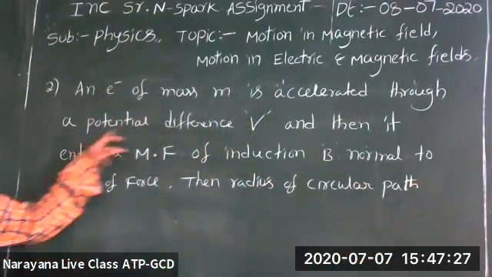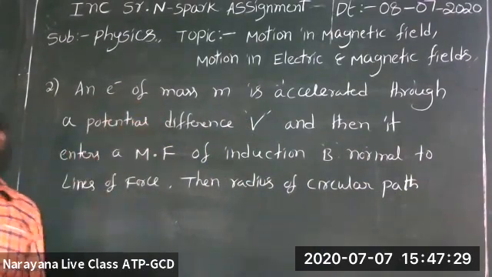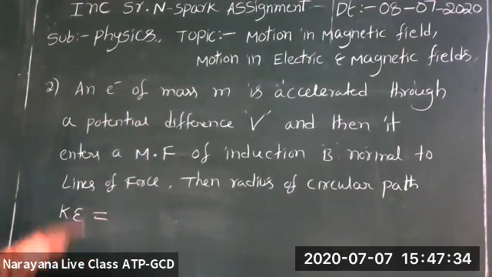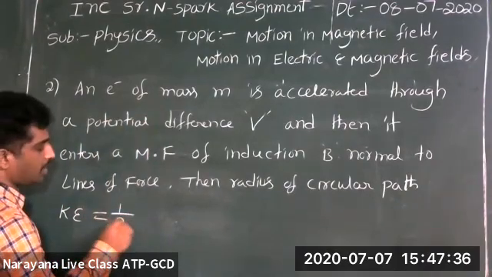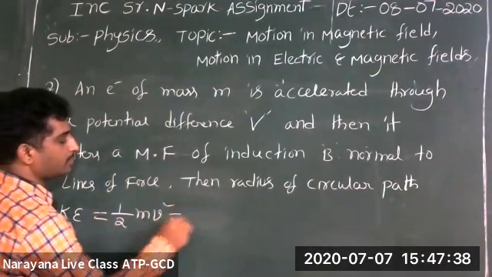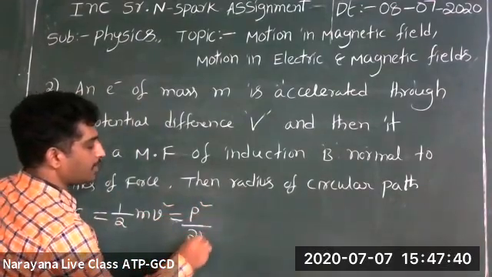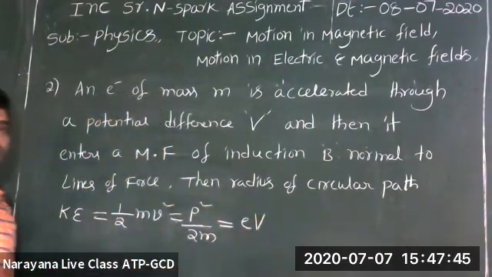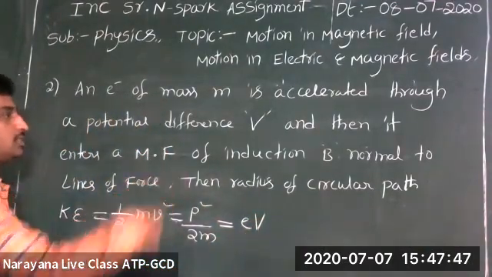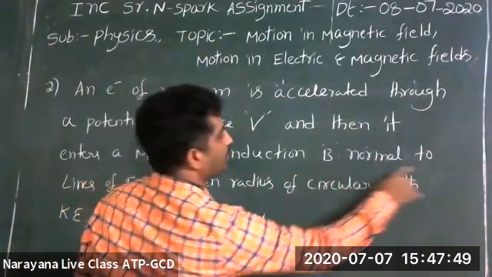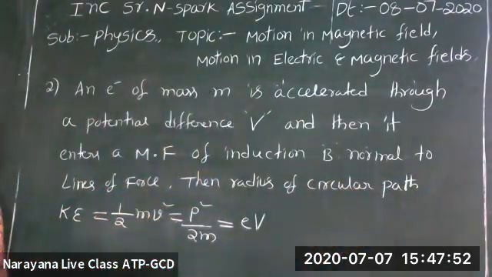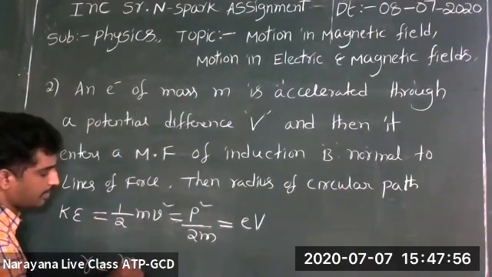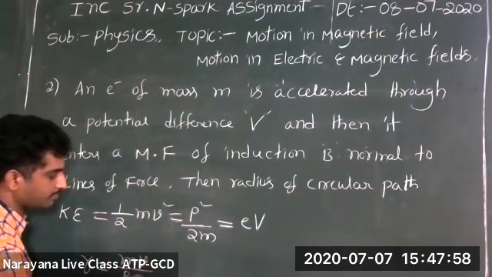So here potential difference is V, electron mass is m. So kinetic energy of electron, half m v square, is equal to p square by 2m, that is equal to electron charge into number of volts. The magnetic field is normal to the lines of force when it enters. So radius of curvature, we know the formula mv by bq.